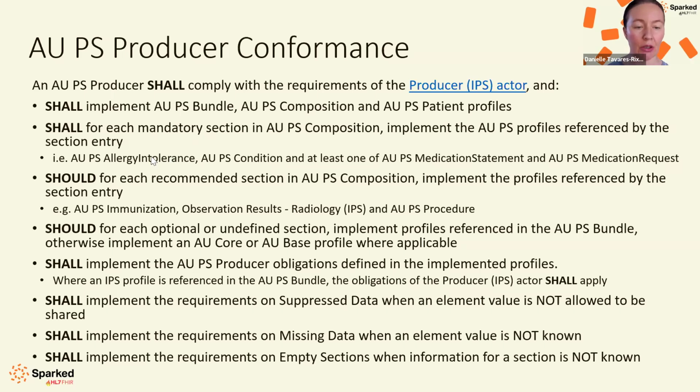You have to implement allergy intolerance, condition, and you have to implement at least one of medication statement, medication request. You can do both, but what's recognized by IPS, and we've adopted that, is this is a choice. A producing system can have implemented all of its medication data in just one of these resource types.